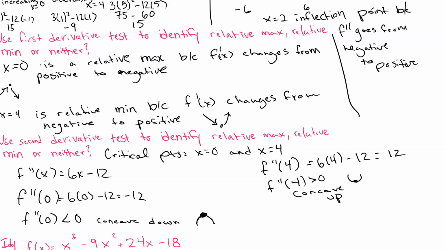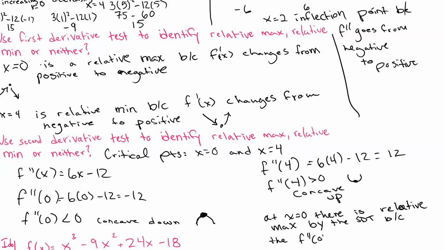All right, so you would say at x equals 0, there is a relative max by the second derivative test, because the second derivative at 0 is negative.